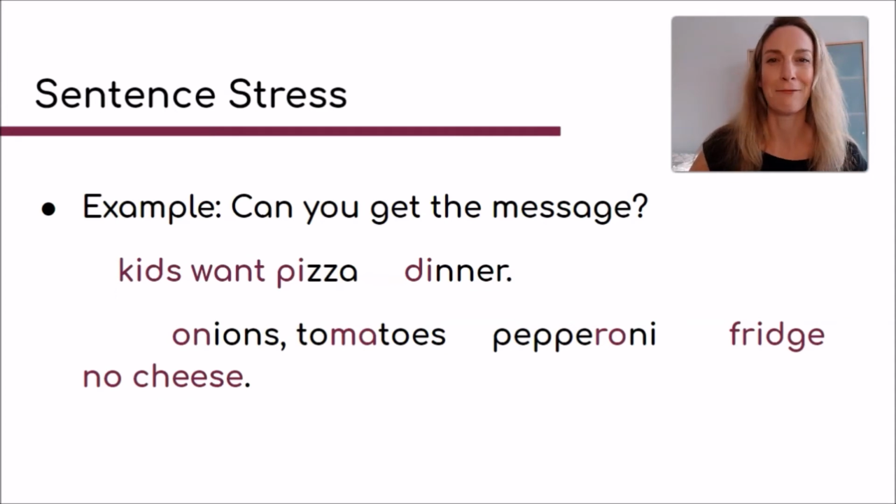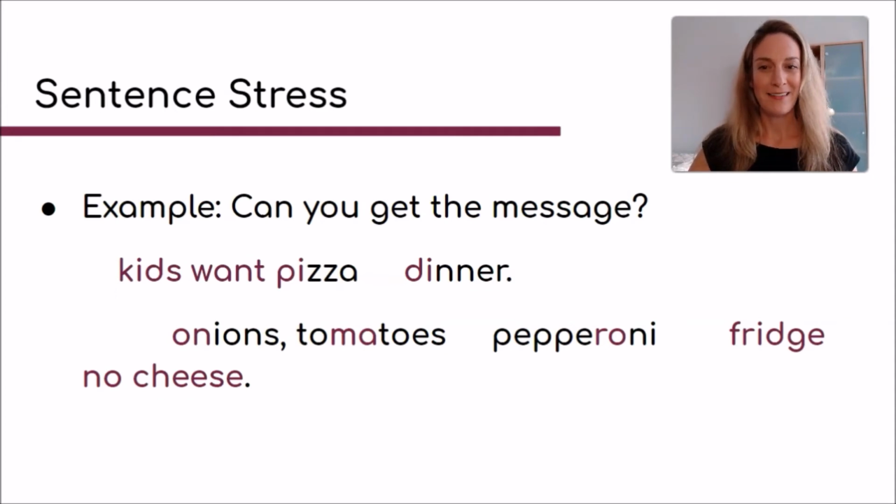She's only talking in nouns now to us. But you would probably understand the message of the sentences, right? You're like, okay, there's something about kids that want pizza for dinner and there's stuff in the fridge, but no cheese. So although quite a lot of words have disappeared, you still get the main message.